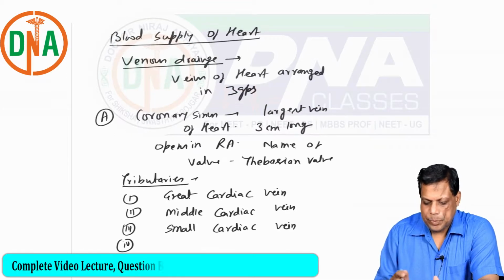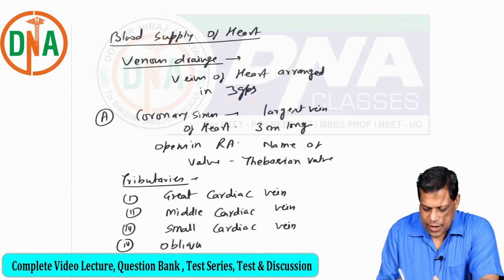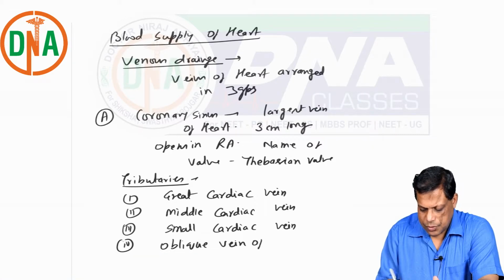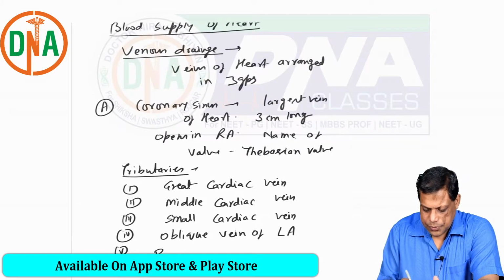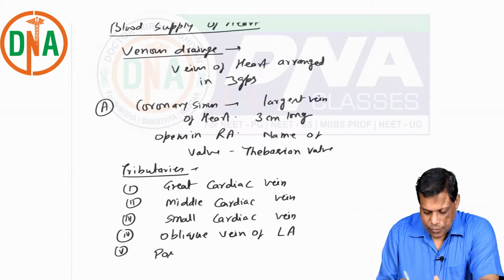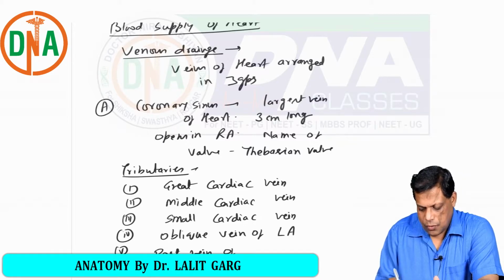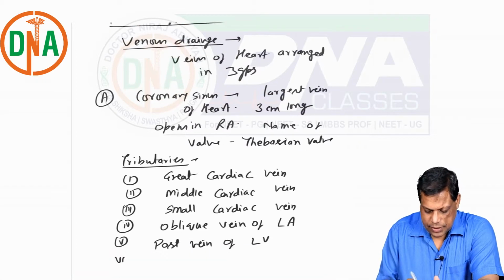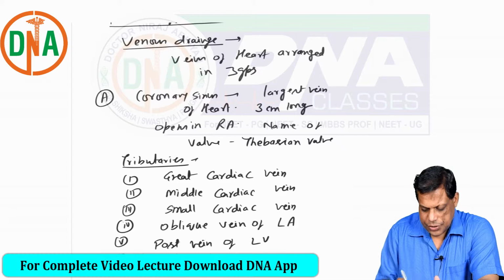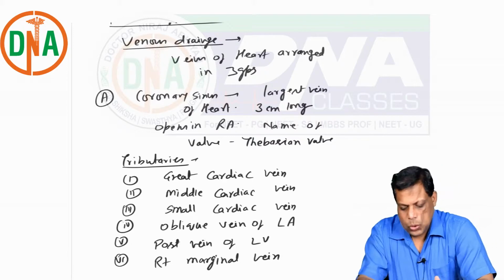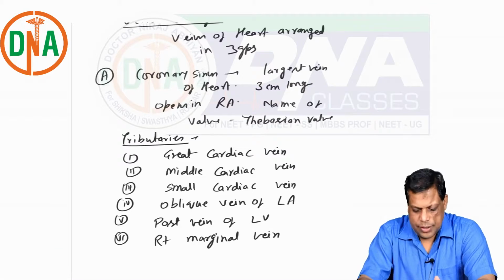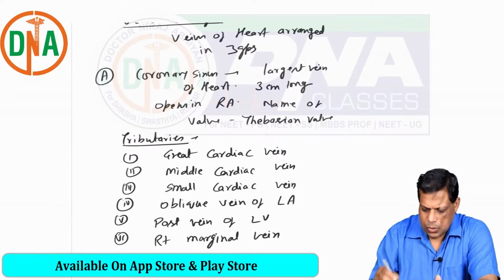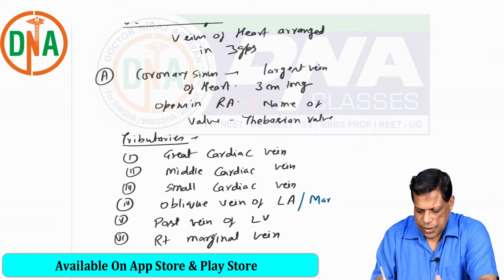Number 4, oblique vein of the left atrium. Number 5, posterior vein of the left ventricle. And number 6, right marginal vein. So these are the 6 tributaries of the coronary sinus. Easy to remember 3 names: great cardiac vein, middle cardiac vein, and small cardiac vein. The oblique vein of the left atrium is also known as the vein of Marshall.